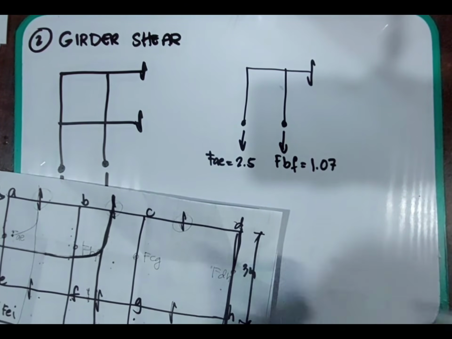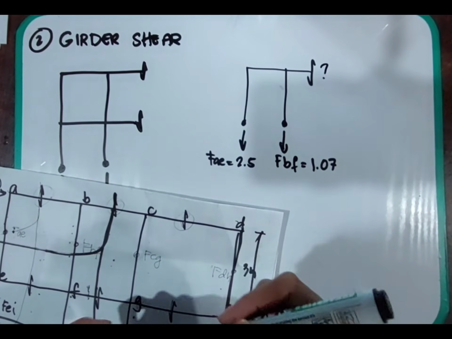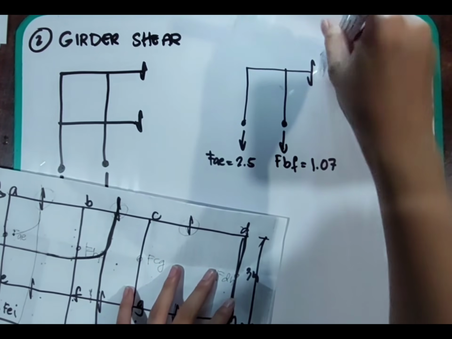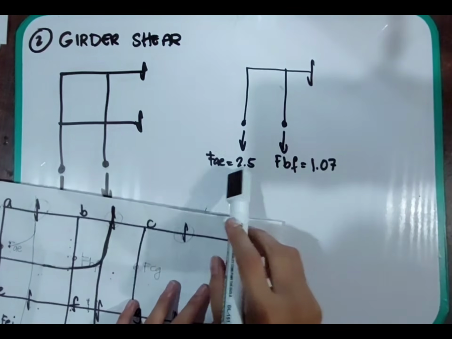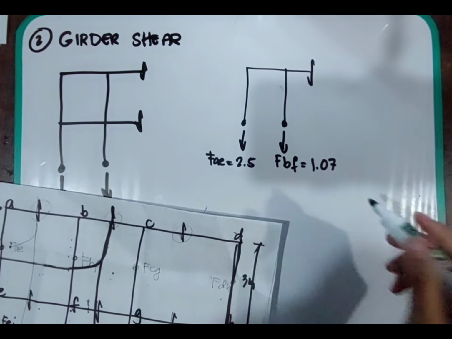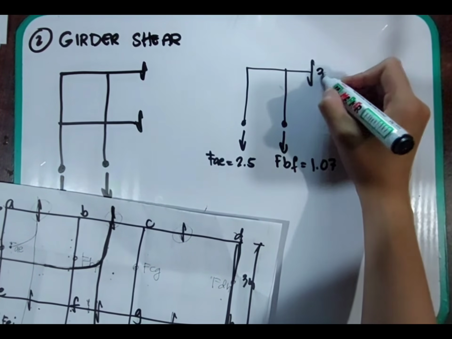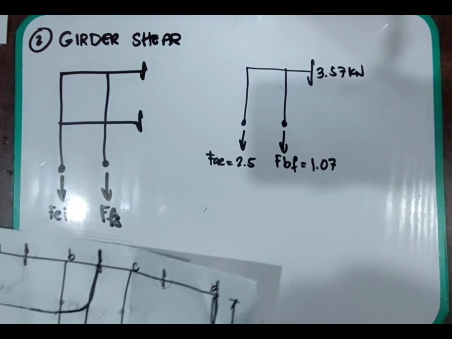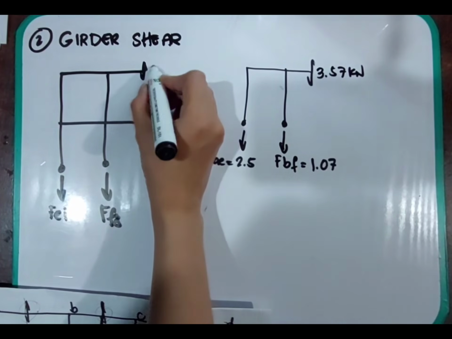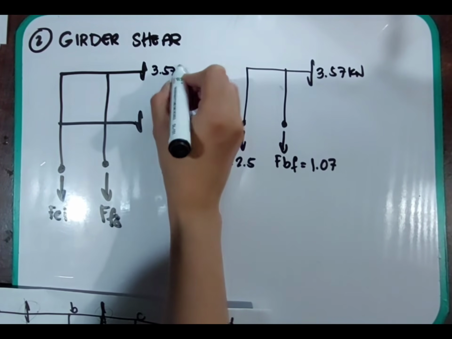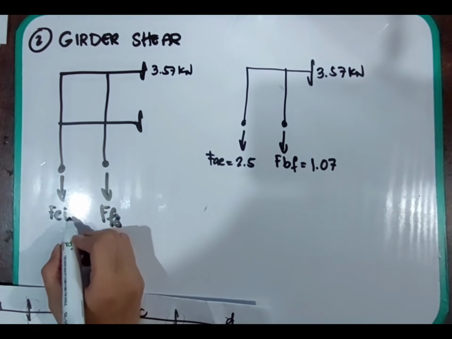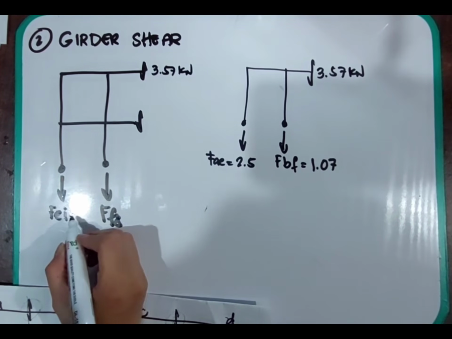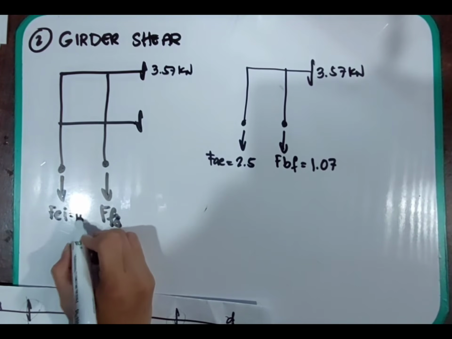So, paano natin isosolve ito? So, we have to add 2.5 plus 1.07. So, we have 3.57 kilonewton. Okay, next. Ilagay na natin dyan, 3.57 kilonewton. Meron tayong given na FEI kanina, yun na-compute natin. So, we have 15.